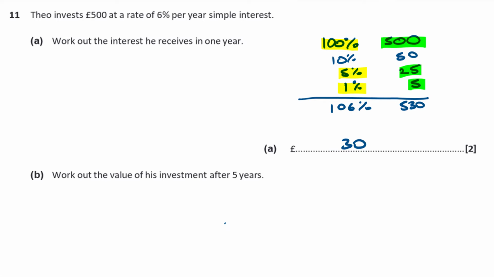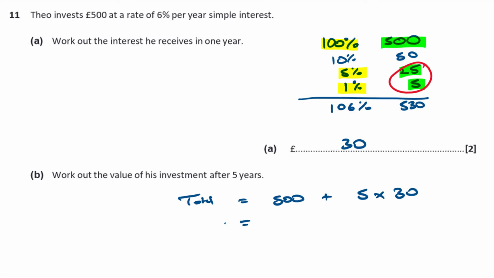Okay, work out the value of the investment after 5 years. Well, altogether he's getting 25 plus 5, that's £30 interest per year. Now in simple interest you just get the same amount of interest each year, so the total after 5 years is going to be his initial investment 500 plus 5 years worth of £30.